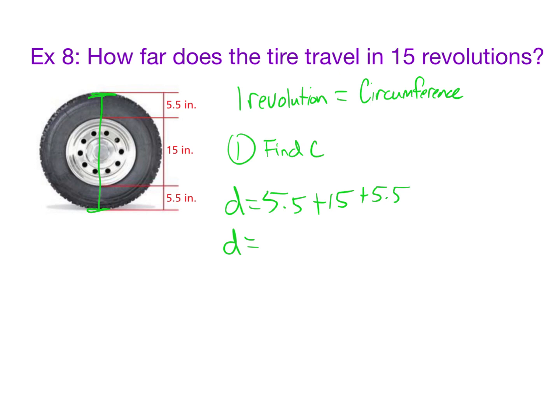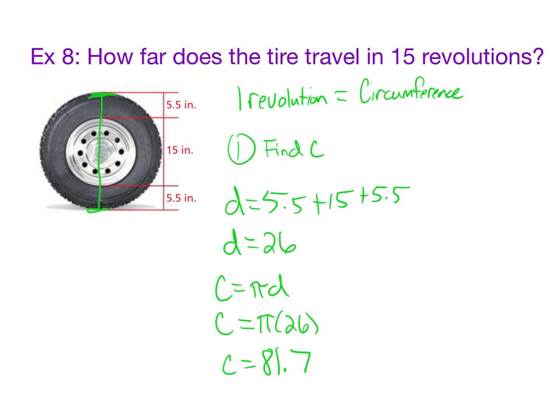What do you get when you do that? 26. And then circumference is equal to pi times diameter. So circumference is equal to pi times 26. Giovanni, do pi times 26. Tell me what you get. 81.7.